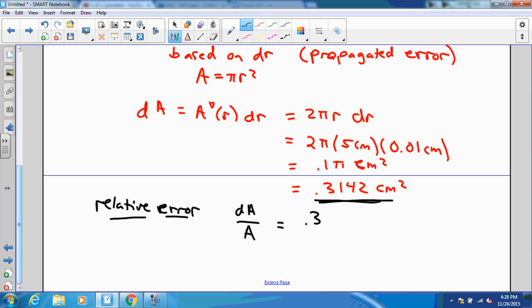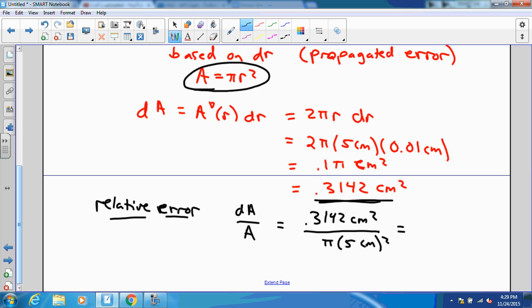And the relative error we're going to define as dA divided by the quantity A, which in our case is equal to 0.3142 centimeters squared, divided by the original area that I would have computed based on the measured value of r, which was 5 centimeters.